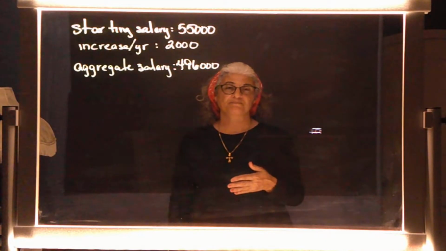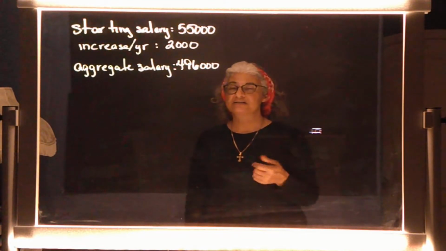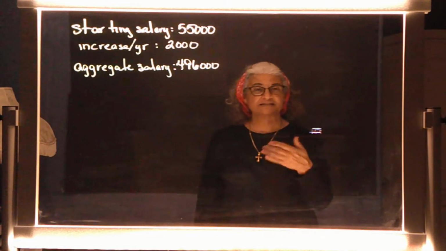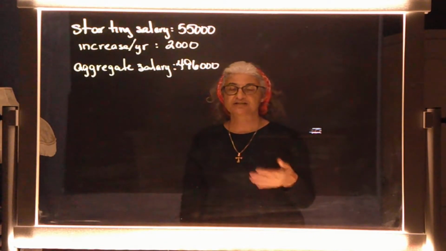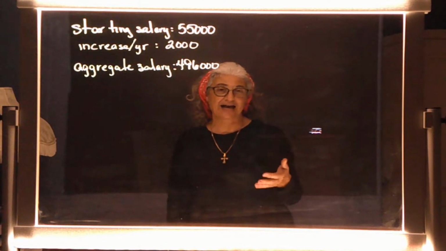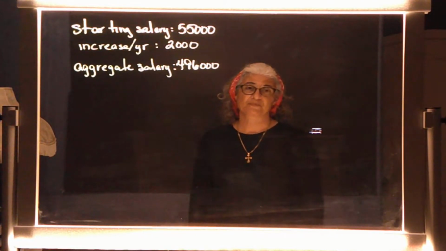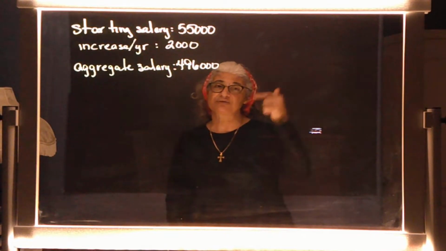With me? Okay, so here's the deal. If we're talking about a sum, then clearly I need to think of sequences and series, right? But the question is, which type of sequence do I have so I know what summing formula to use? Now remember, they start with 55,000 and every year it increases by 2,000.